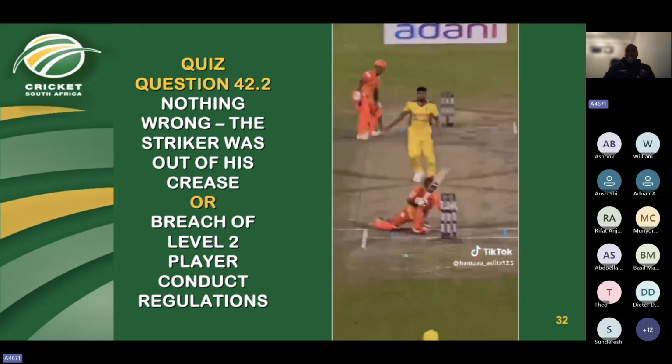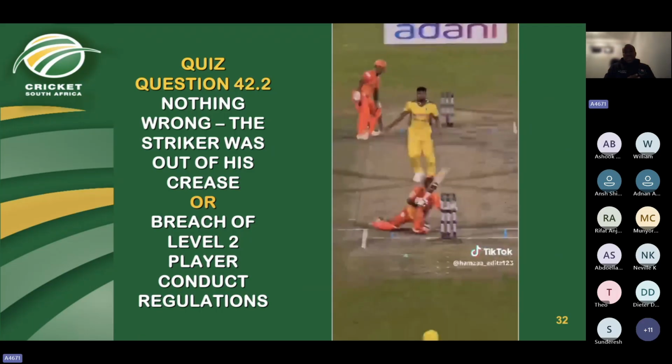Your partner might have a differing opinion and say, no, the bowler was trying to run the striker out. Yes, the striker left his crease momentarily, so the bowler had good reason to throw at the stumps.